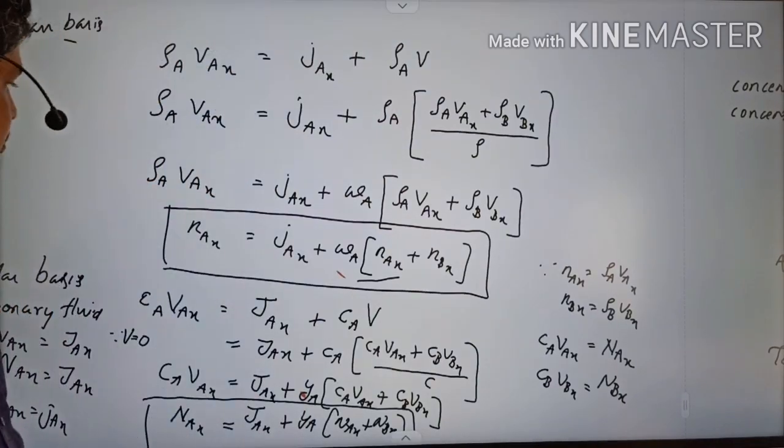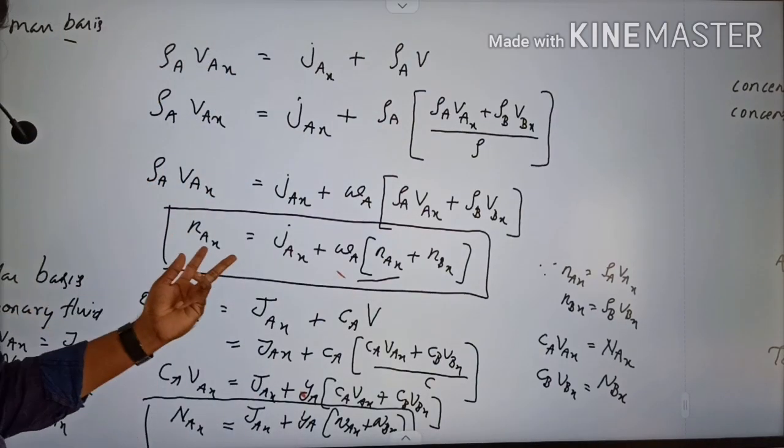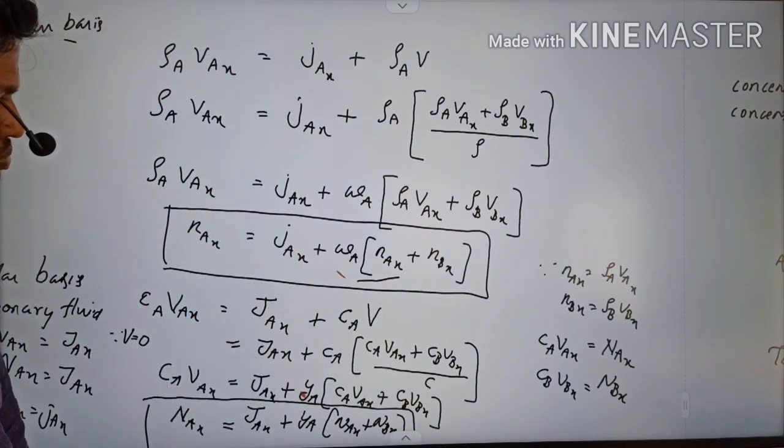We already defined NAx is equal to Jx plus WA into NAx plus NBx.